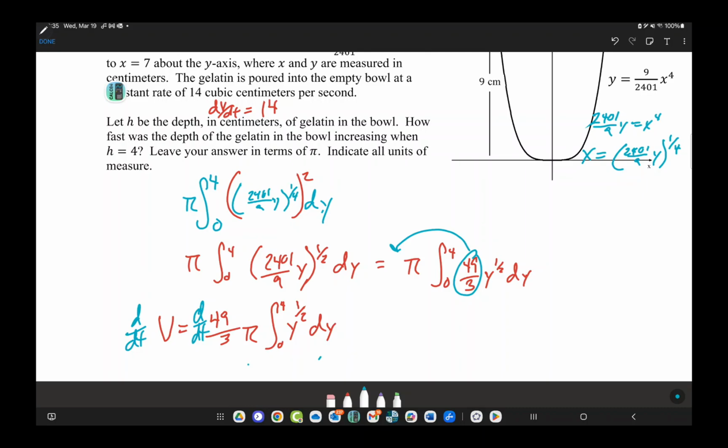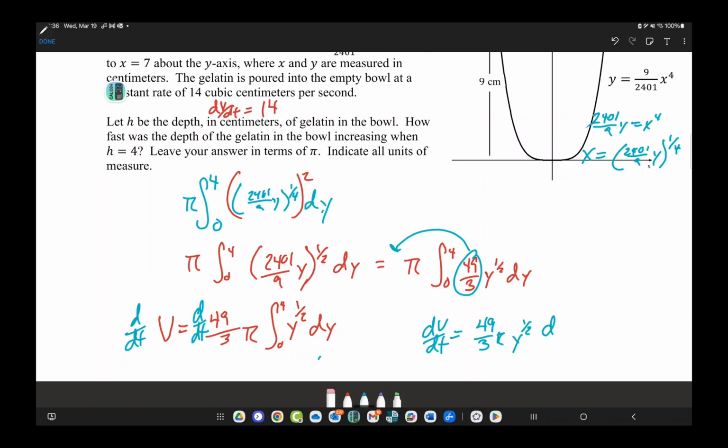Since I don't have a t, I have to include what? dy/dt, which is what I'm looking for. So we know dV/dt is equal to 49 over 3 pi y to the 1/2 of d what? Well, actually, no, not y to the 1/2, because I'm actually saying y is 4.